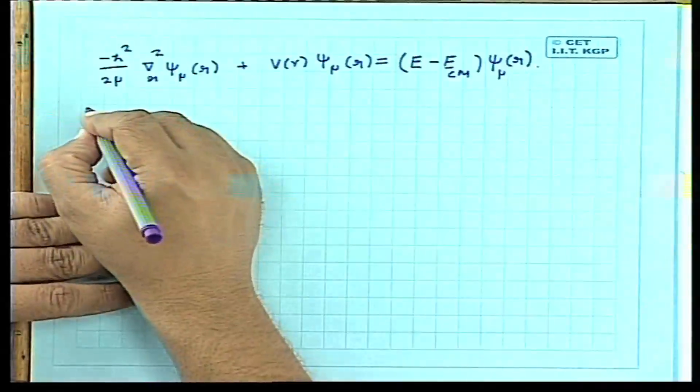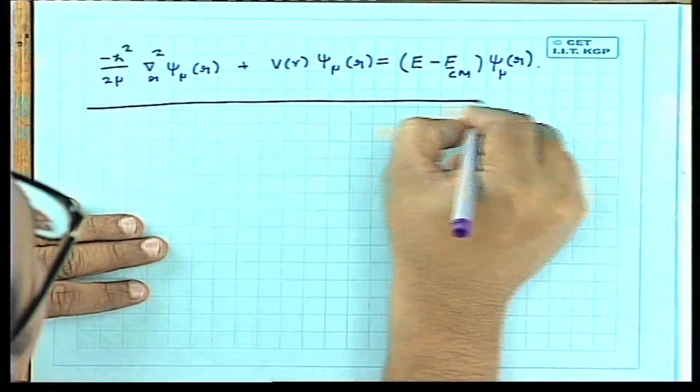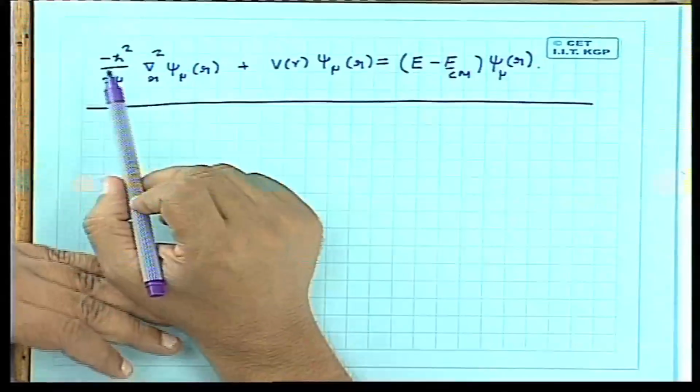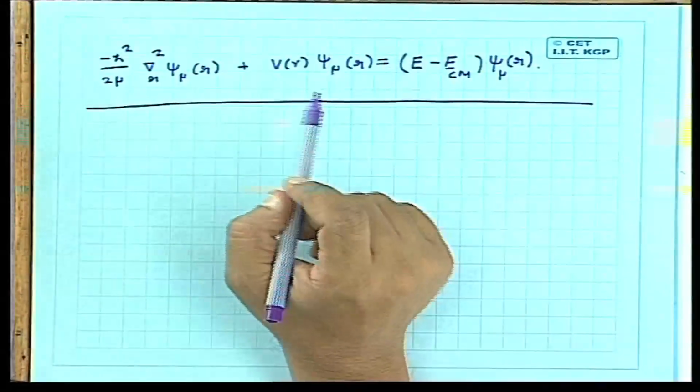So we see that the two body problem has been reduced to a set of one body problems. One of them is free, we did not bother about it.